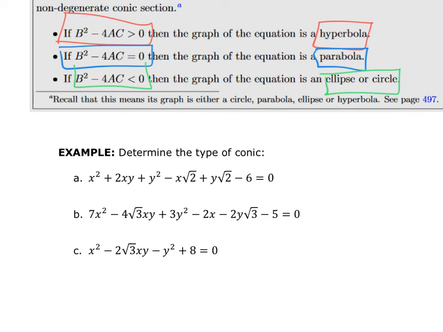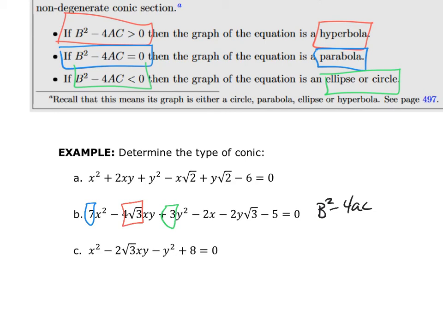So I pull off my A, B, and C. Which one would you like me to do? B as in boy. So I pull off my A, I pull off my B, and I pull off my C. So I'm looking for b squared minus 4ac, and then I determine what's going to happen based on that formula.